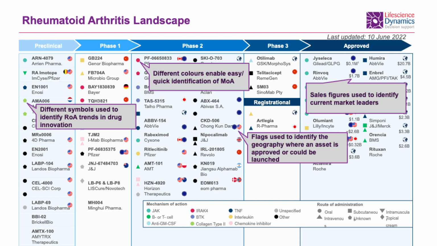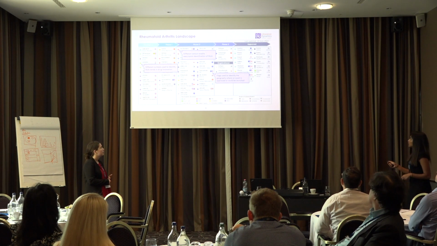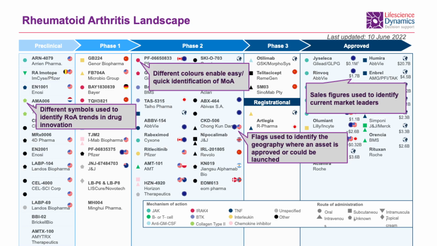Once again, companies communicate this during their investor events, but otherwise you may need to look at their clinical trials listing to see where the sites are and try to predict this. For the approved space, as you can see, we've also included sales figures, because these are used to identify current market leaders, to see who the big players are in this space and what the key MOAs are. And that's basically how we stratified this.